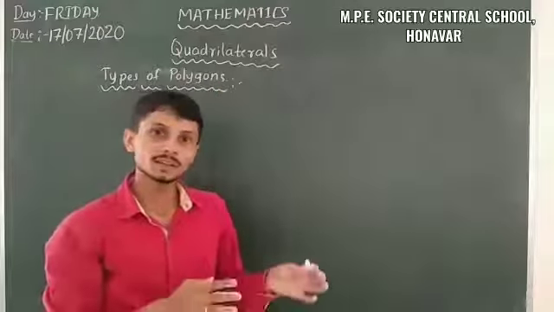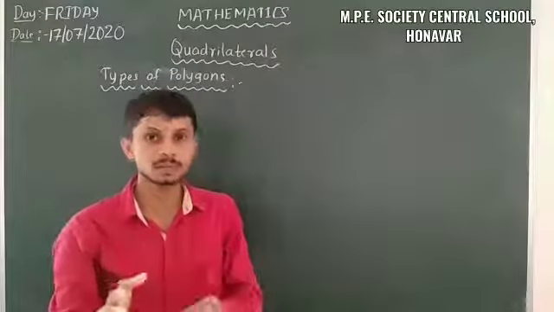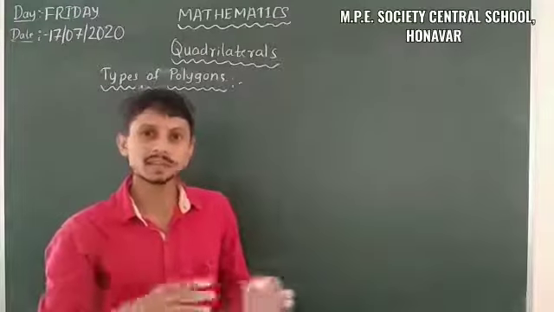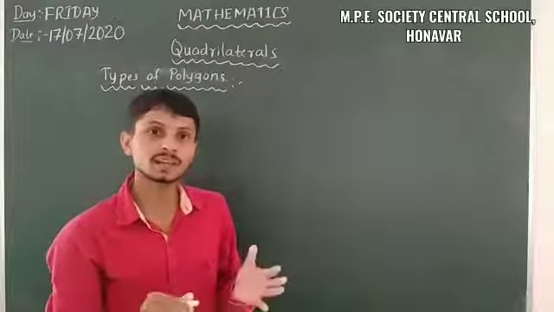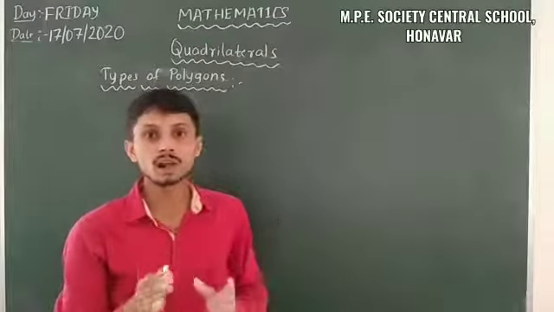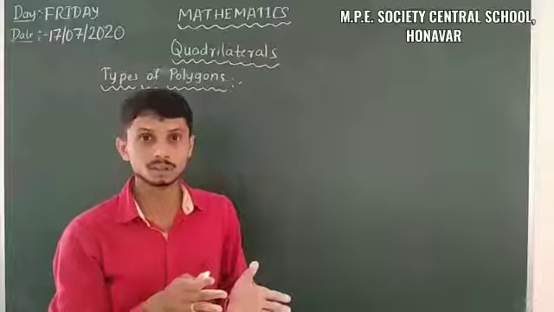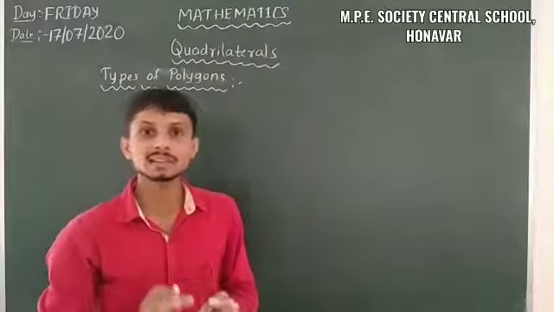We already learned that polygons are closed figures made up of any number of line segments and occupying some area. We also learned the terminologies, that is interior and exterior angles, and sides and angles.